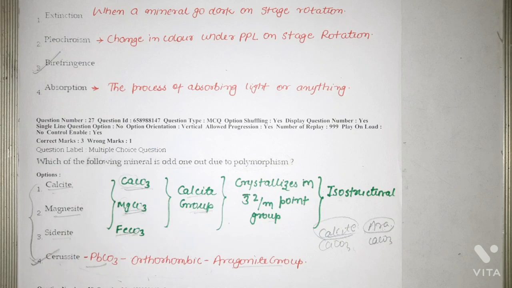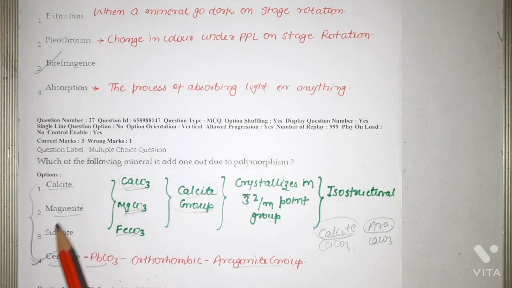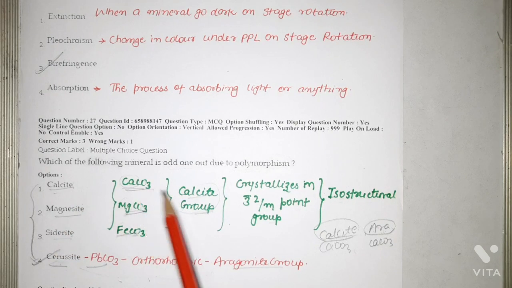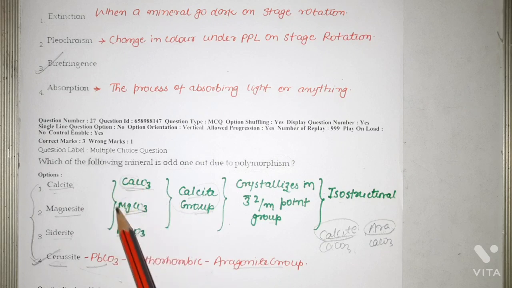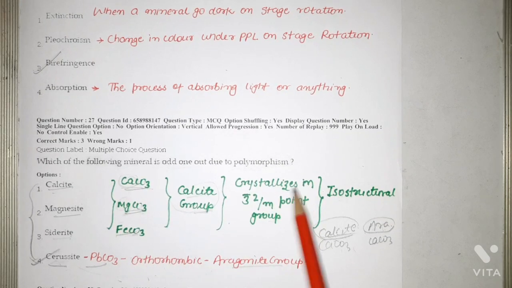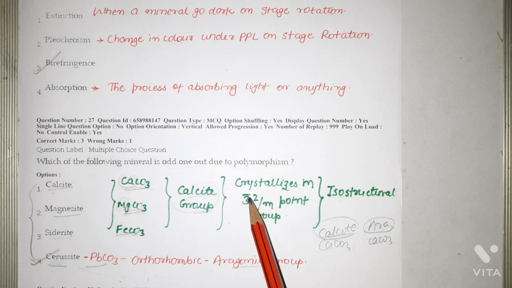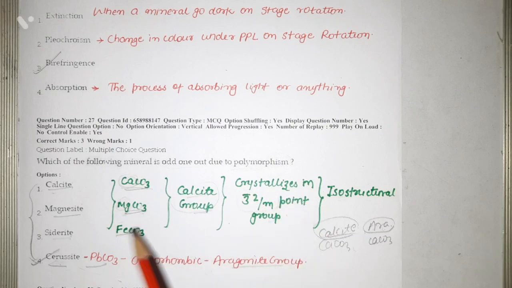As I have told you, these three minerals belong to the calcite group, and cerussite belongs to the aragonite group. Now again, for calcite, magnesite and siderite the cation is different, but these crystallize in a similar point group, that is bar 3 2 over m. And if this happens, that the cation is different but they crystallize in the same point group, this property is known as isostructuralism.